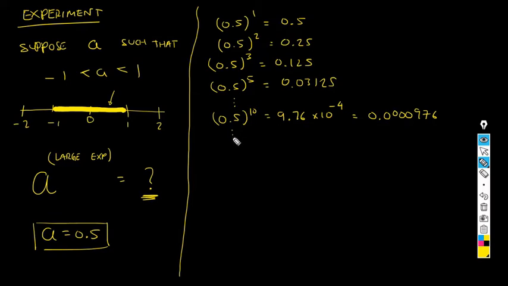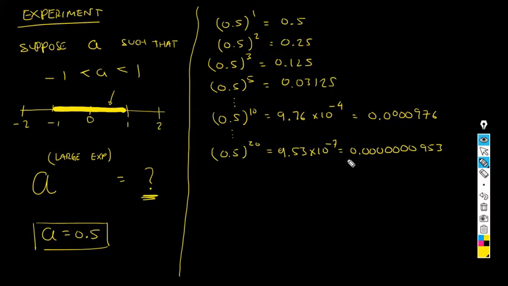Now let's make a bigger jump and let's raise 0.5 to the 20. Let's see what happens. What you get is 9.53, I'm going to cut the number right there, times 10 to the minus 7, which is equal to 0.000000953.